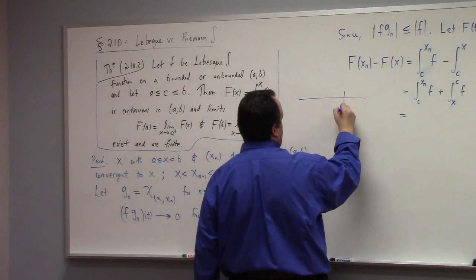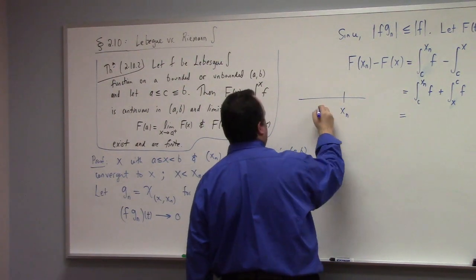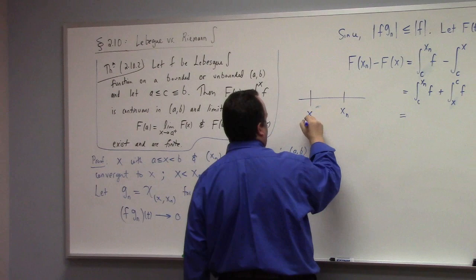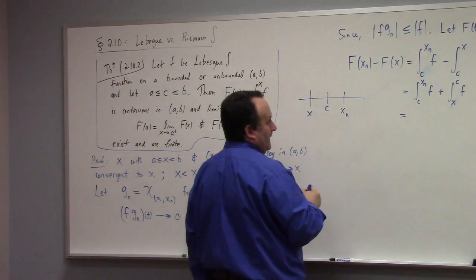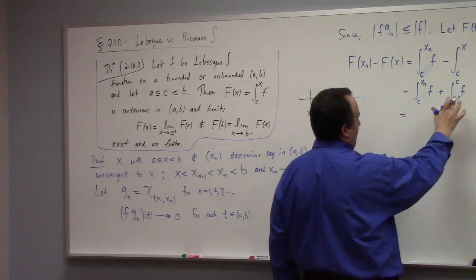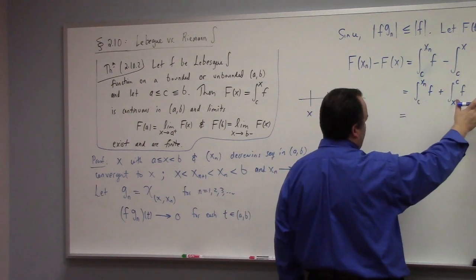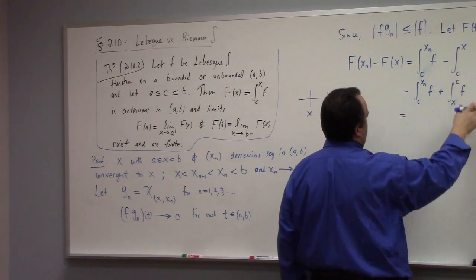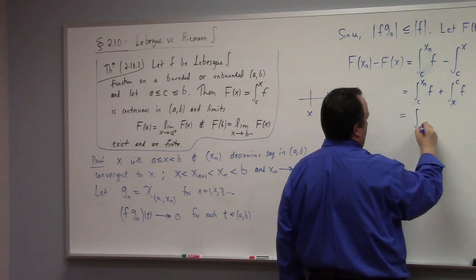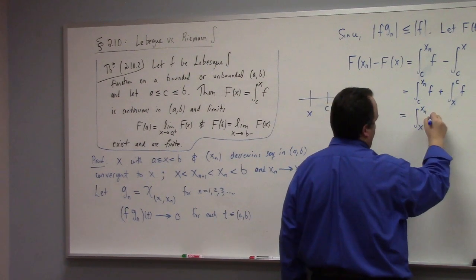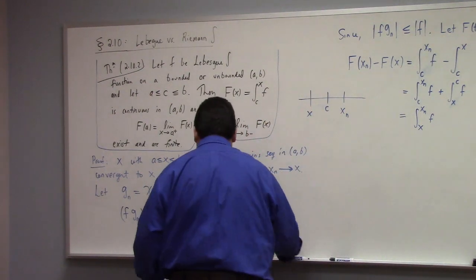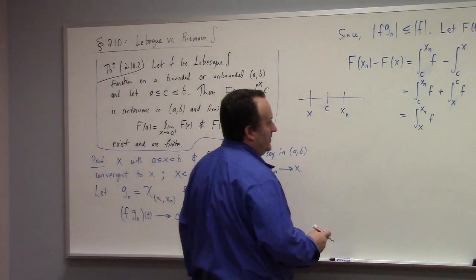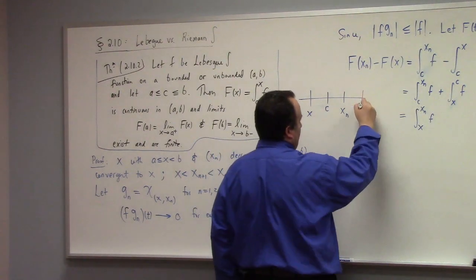So Xn is here, X is over here. If C is in the middle, then this is reasonable, and this simplifies back to X to Xn. What if C is over here?